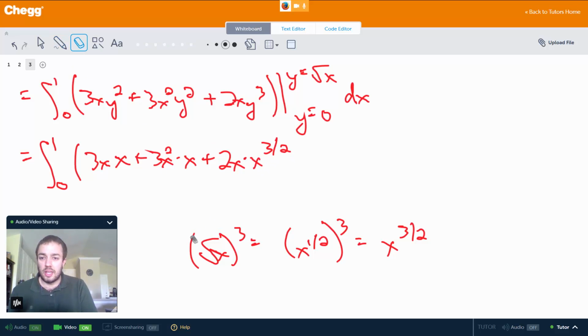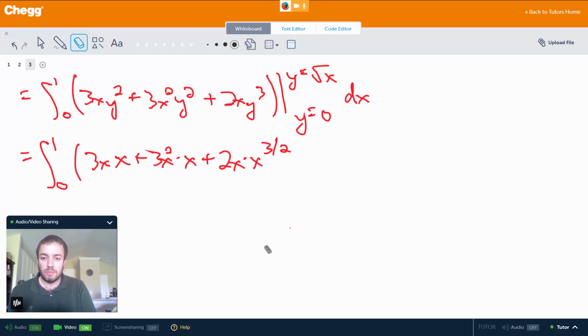So root x cubed is x to the 1/2 cubed, which is x to the 3/2. Okay, so this is going to be 2x times x to the 3/2. All right, and then when we evaluate at y equals 0, notice that everything is just going to be 0 because of all of these factors of y that we have. So here, we're going to have 3x times 0 squared plus 3x squared times 0 squared plus 2x times 0 cubed. So all of that's just 0. So nothing really going on there.